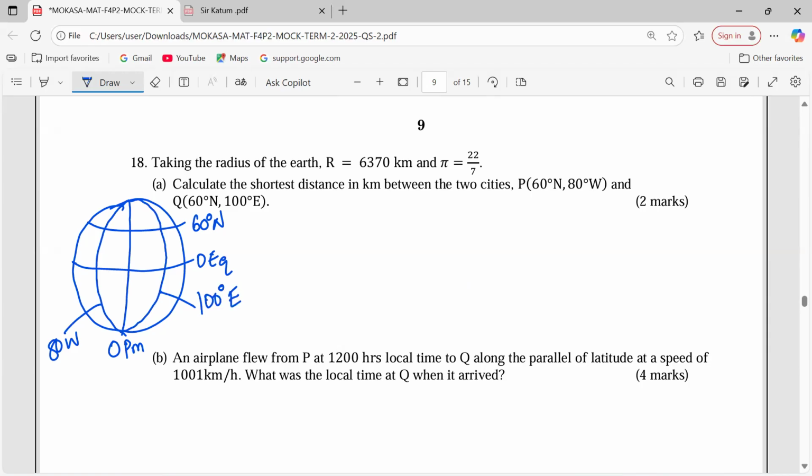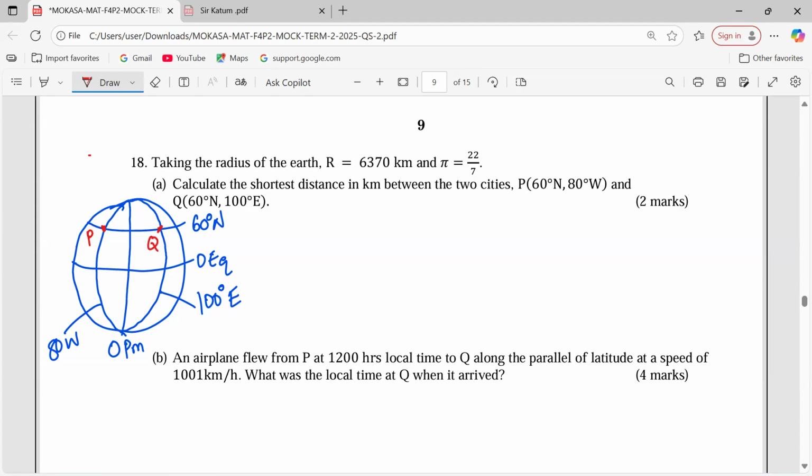Therefore, 100 in the east and 80 in the west are what we call supplementary longitudes. And this is how they behave.